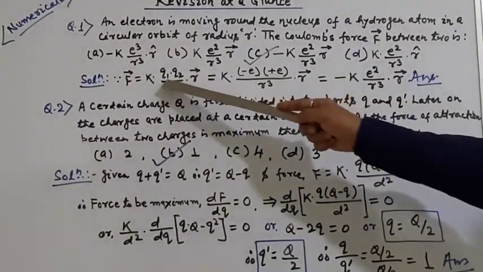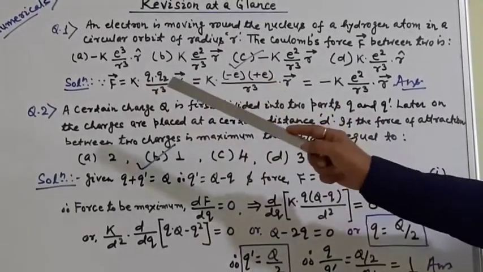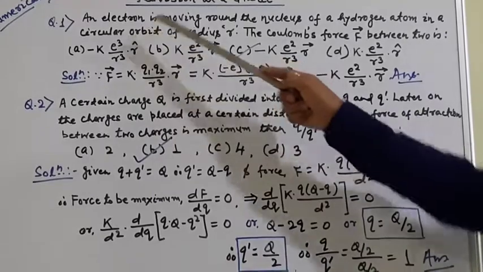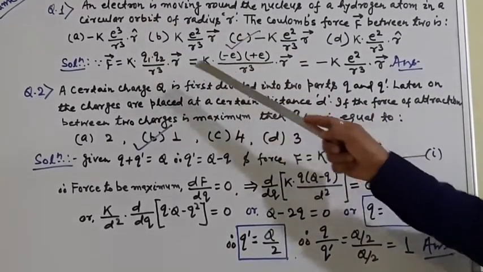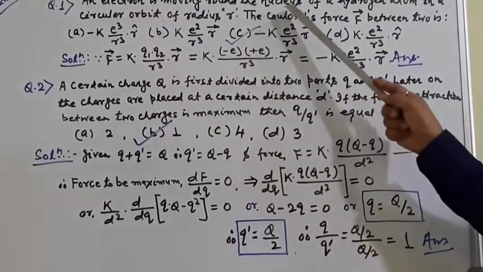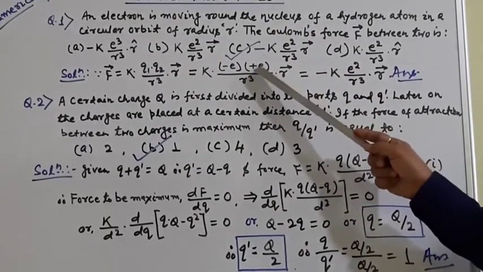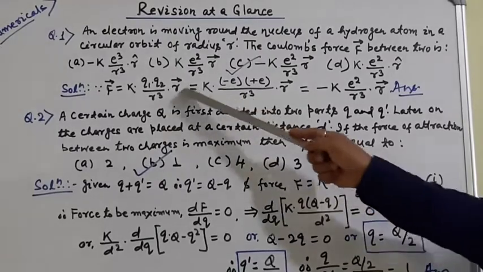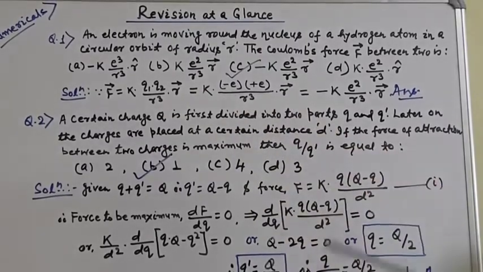K as it is, in place of Q1, charge on electron, here minus e. In place of Q2, charge on the nucleus, the positive charge, so I will get plus e. And this r cube and the vector r. So solve it.